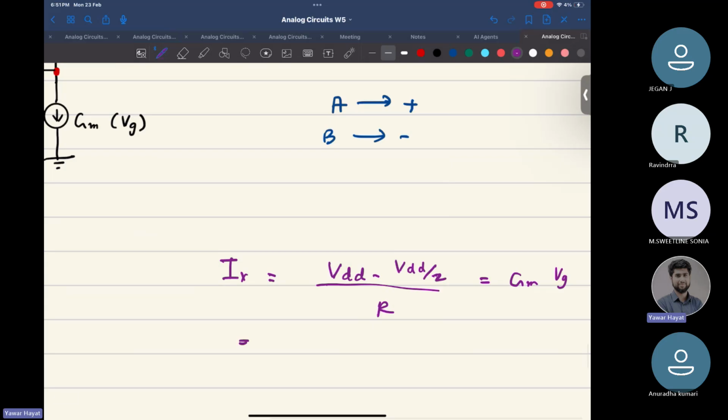Okay, so this implies that VDD by VG is how much? 2 GM R. Is that fine?